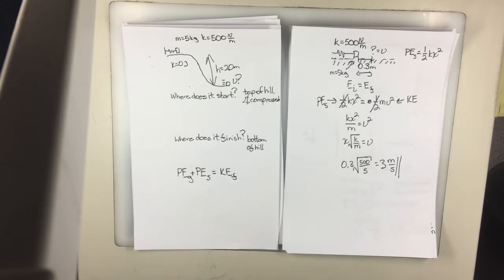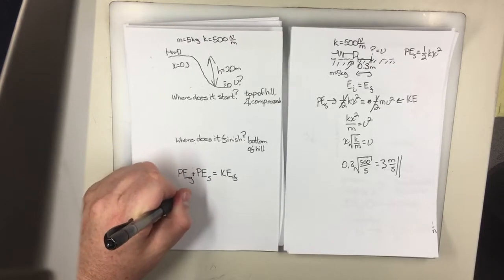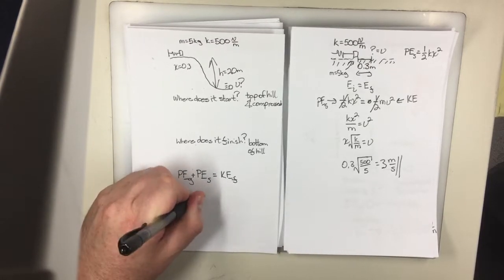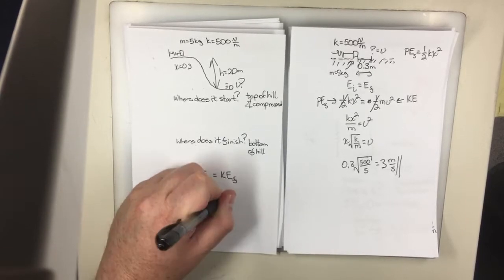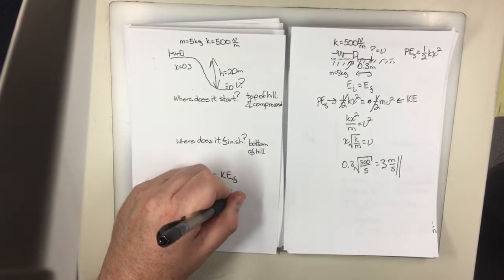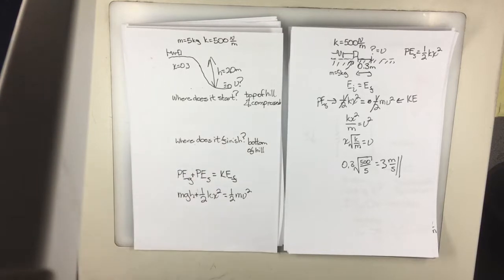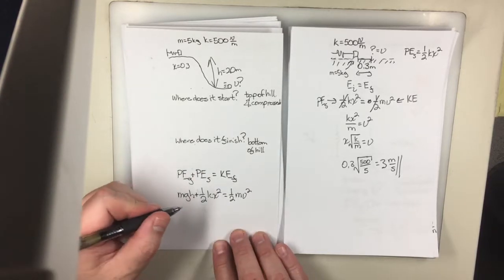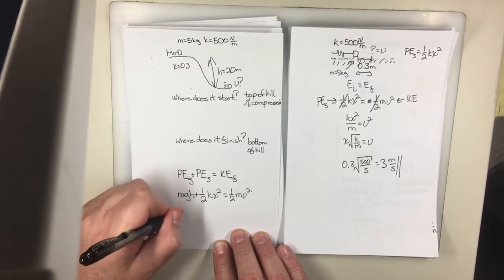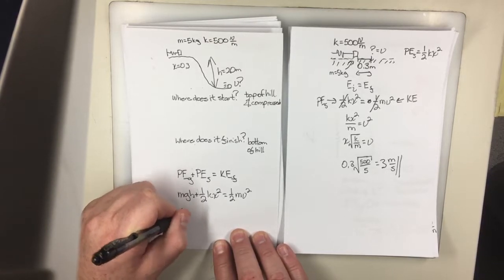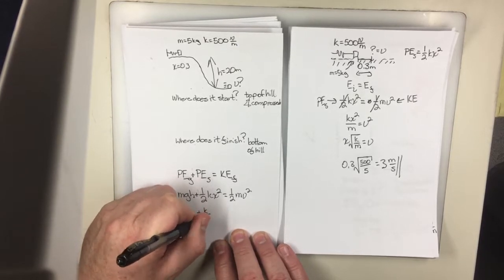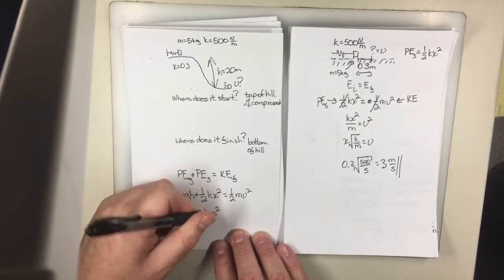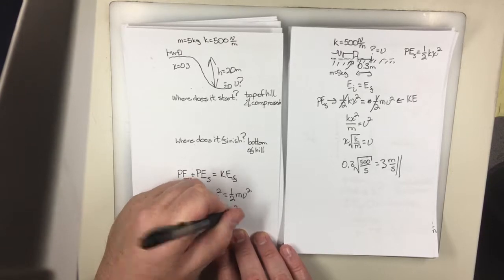So you figure this out. Potential energy of gravity, mgh. Potential energy of the spring, 1/2 kx squared. Kinetic energy, 1/2 mv squared. Multiply by 2 and divide by m. So it is 2gh plus k over m x squared is equal to v squared.